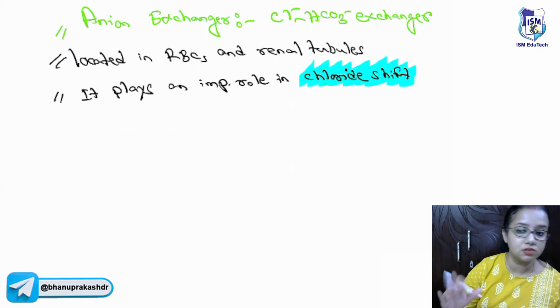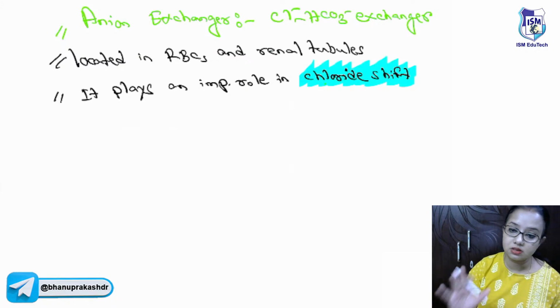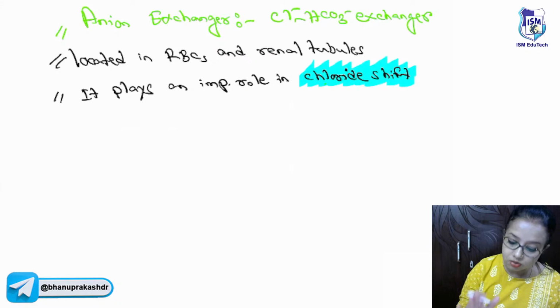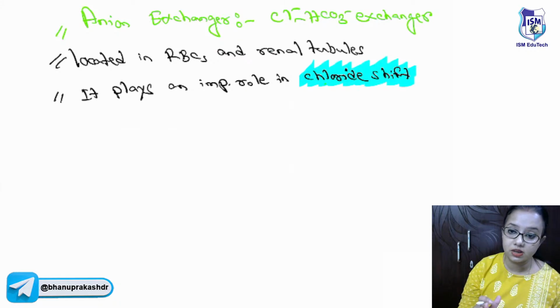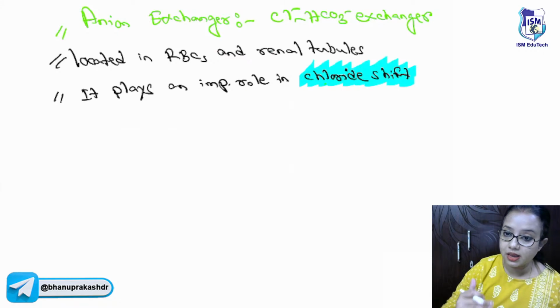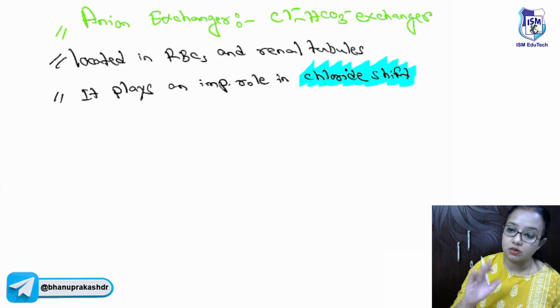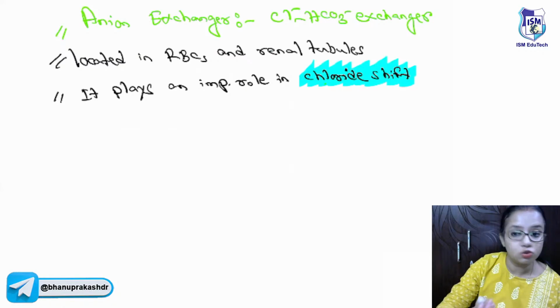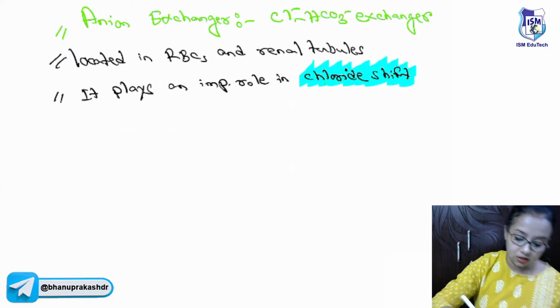The detailed mechanism, we will study when we study the lungs, the respiratory system. So for now, just remember chloride shift or the Hamburger shift. It is a phenomenon that maintains the pH of the blood by expelling adequate amount of carbon dioxide. So this plays an important role in the chloride shift.